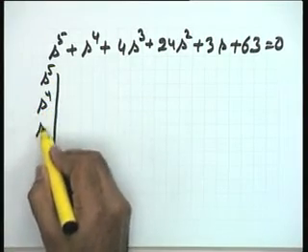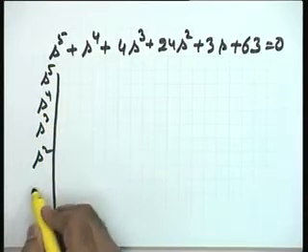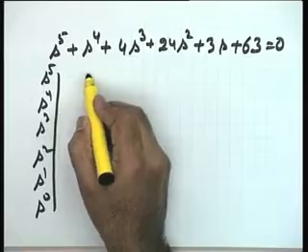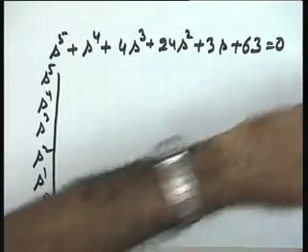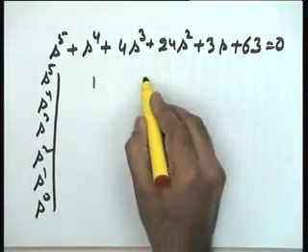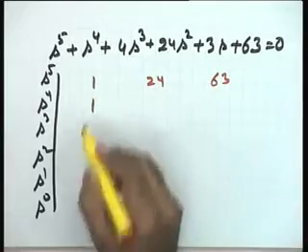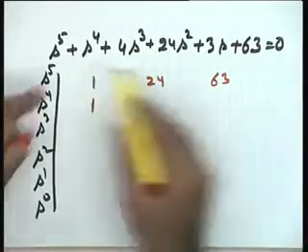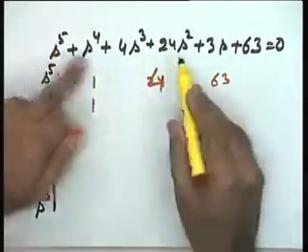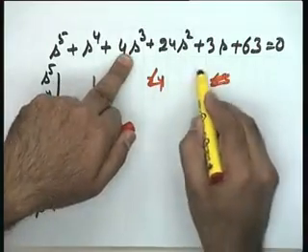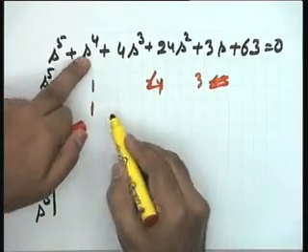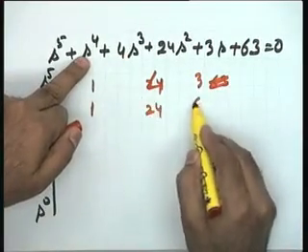s5, s4, s3, s2, s1, s0. 1, 24, 63. 1, 4, 3, lot of errors I am making, I am sorry, 1, 24, 63.